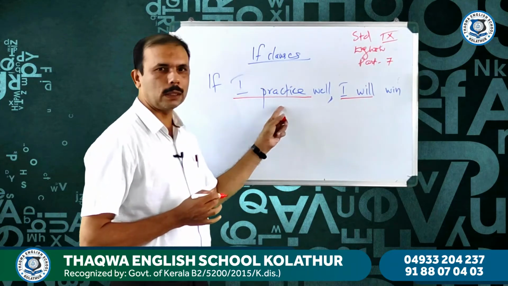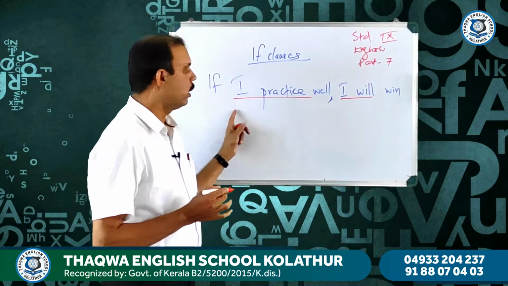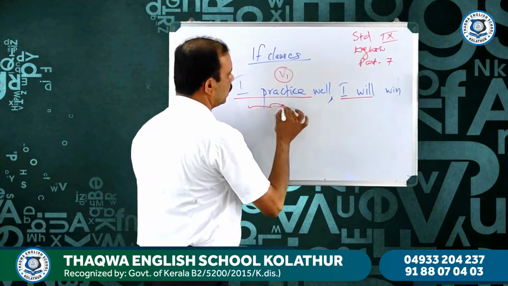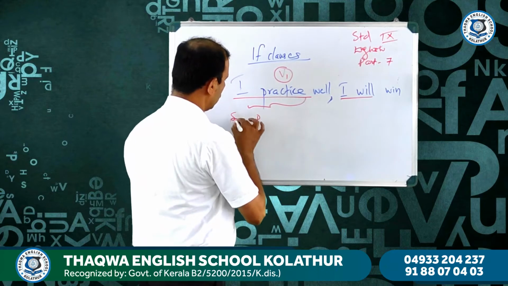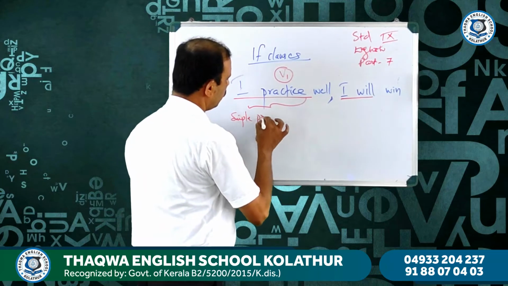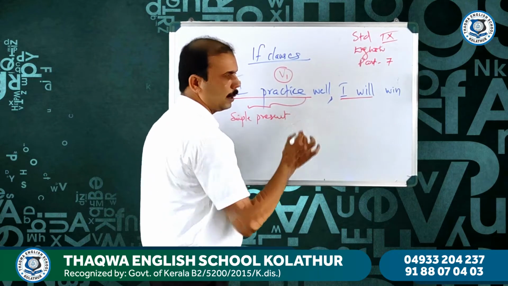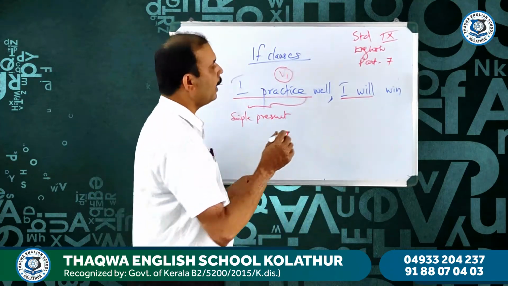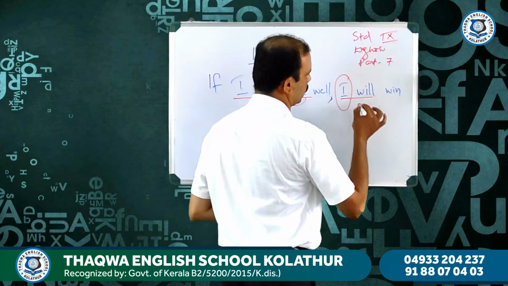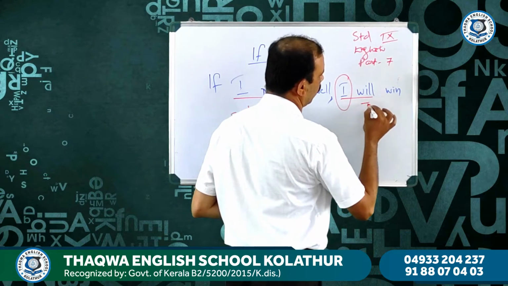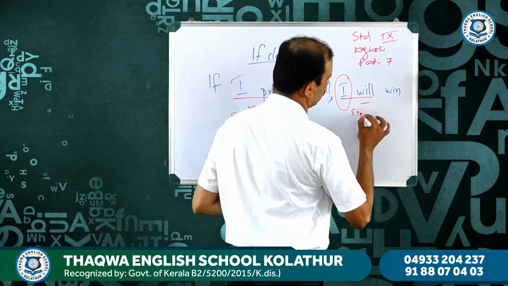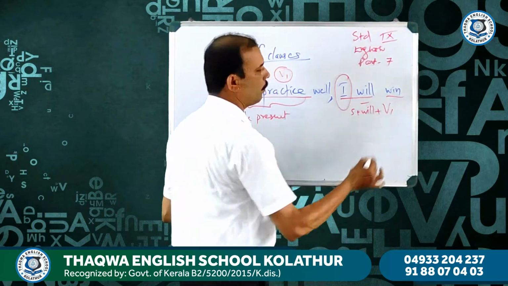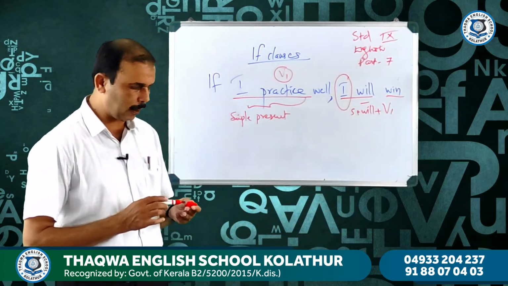I practice: I is the subject, practice is verb 1, so this is simple present tense, subject plus verb 1. അങ്ങനെയാണെങ്കിൽ subject plus will plus verb 1. Win is verb 1. So that is the grammatical rule there.